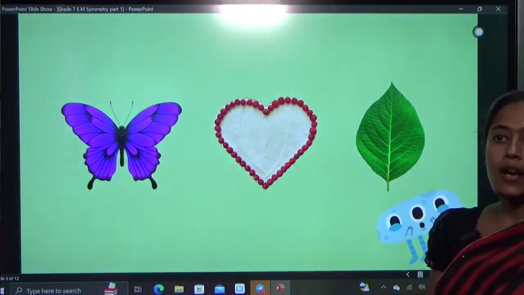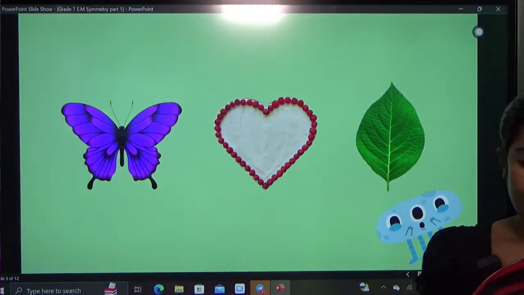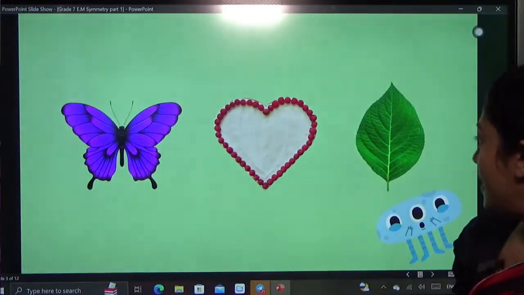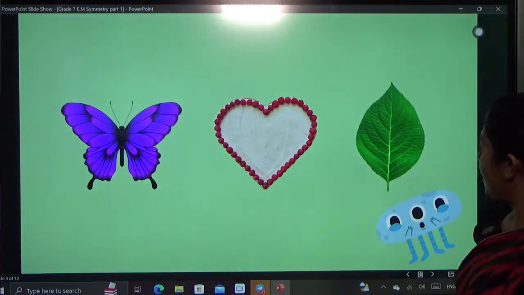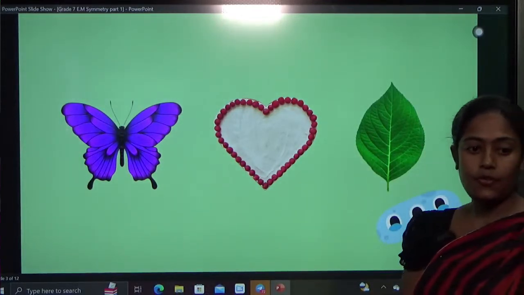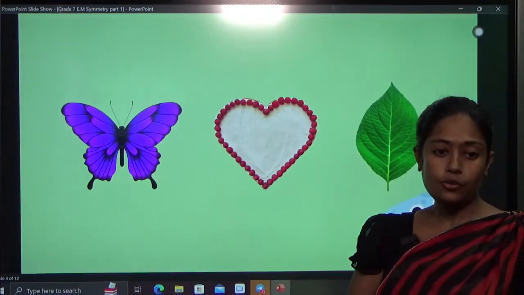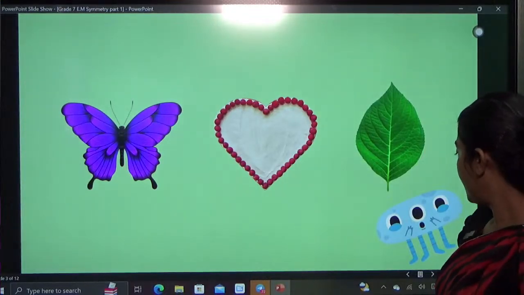Here I have 3 figures. The first one is a butterfly, right? Next there is a cake, and also a leaf. So we can separate these figures into 2 equal parts. We will see how we can separate those.